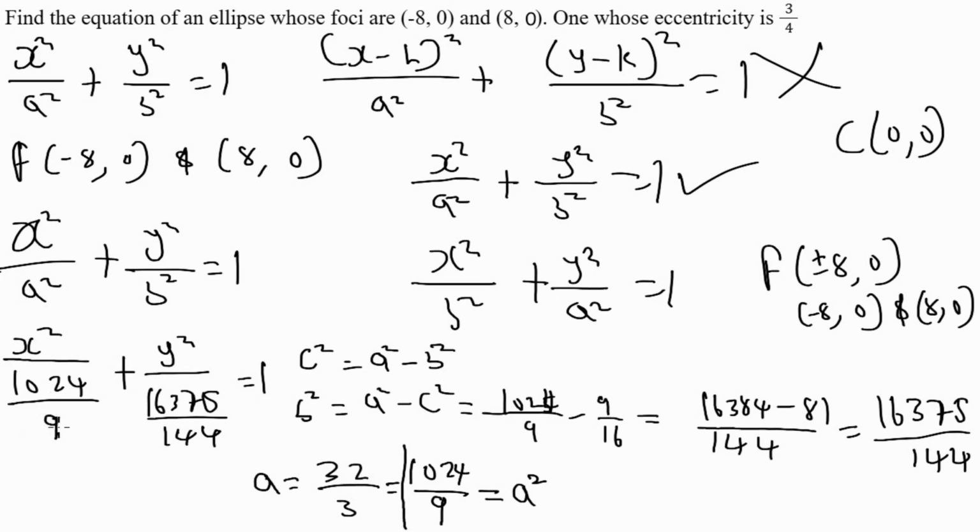Now we can't leave it like this. Let the 9 come all the way upward and 144 come all the way upward by using the method of keep, change, and flip. So we have 9x squared divided by 1024 plus 144y squared divided by 16375 equals 1. And that is the equation of the ellipse.